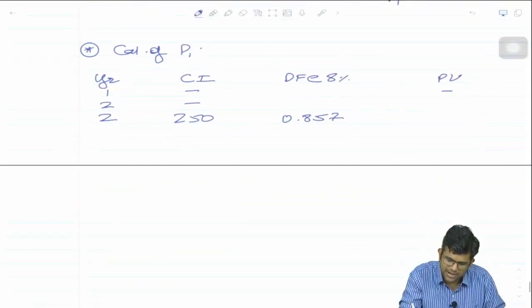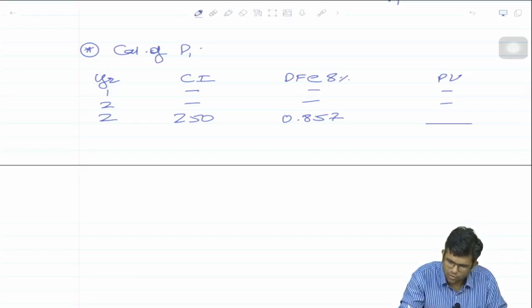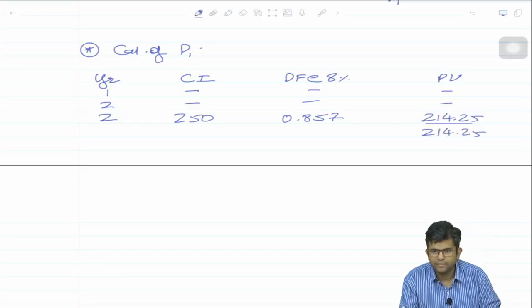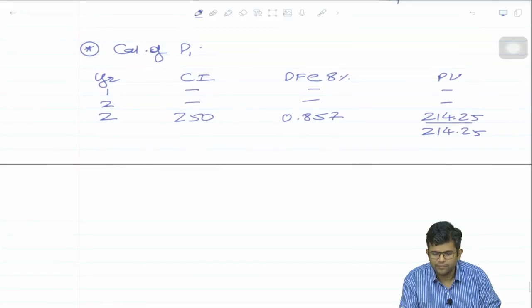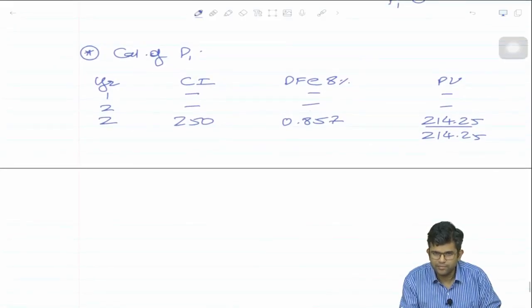So 250 into 0.857, this will come to 214.25. Correct? I'll go ahead.